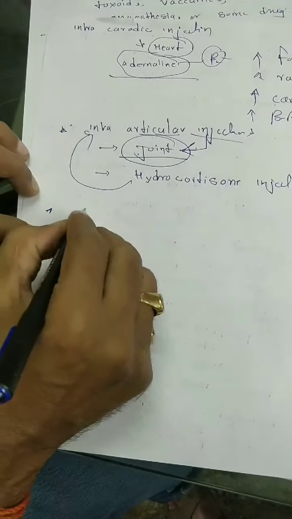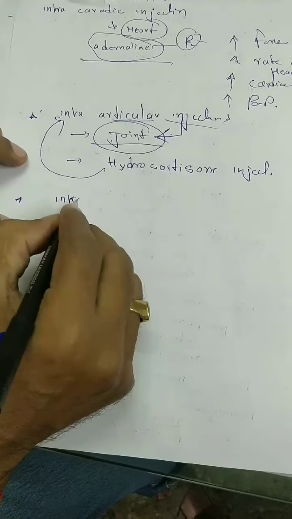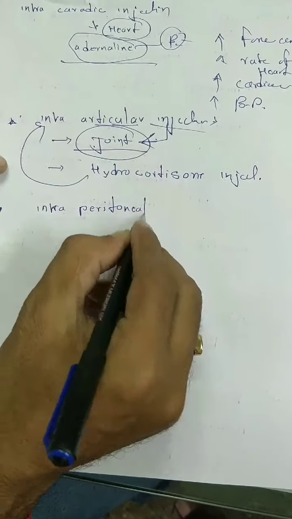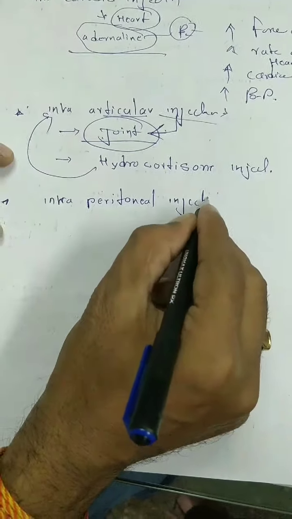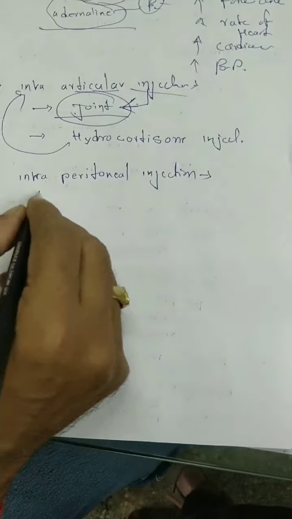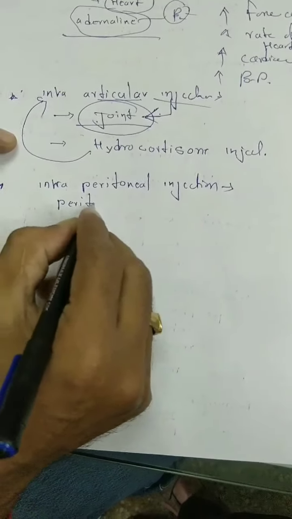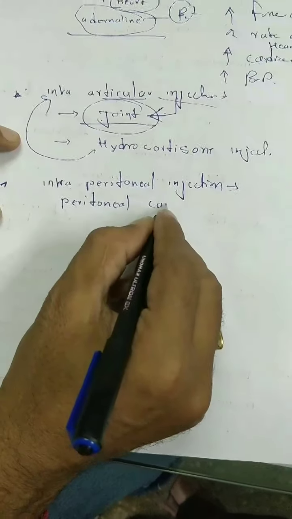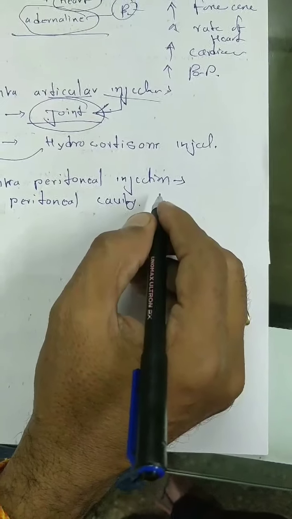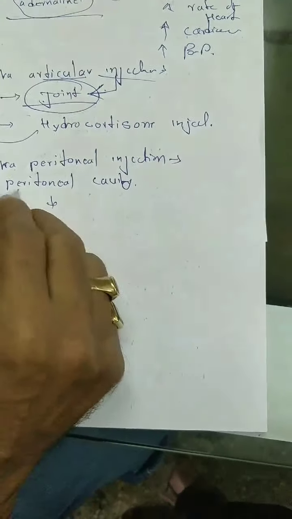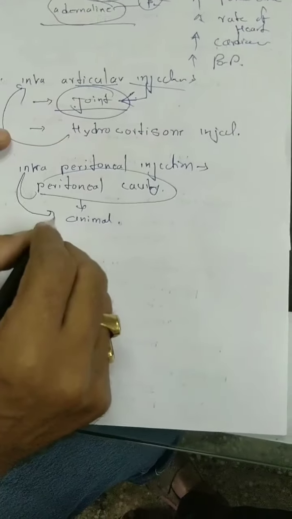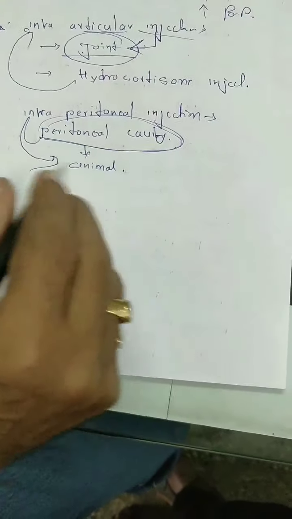Next form, intraperitoneal injection. The drug is injected into the peritoneal cavity. You know the peritoneal cavity, you have already studied it in the first year. Commonly it is used in animals.